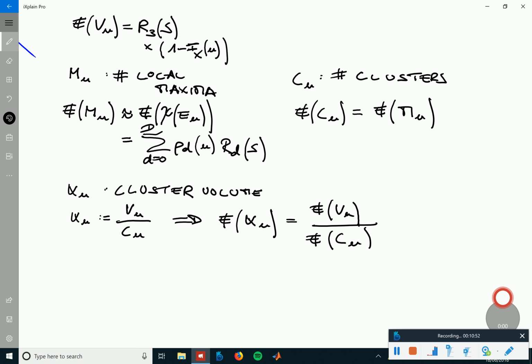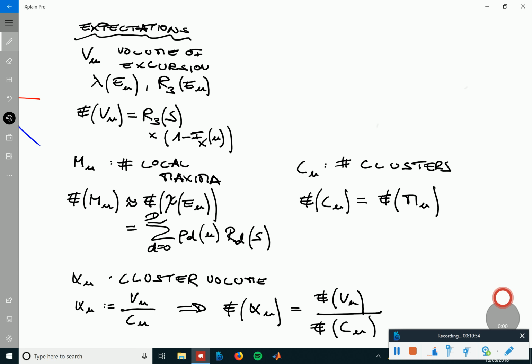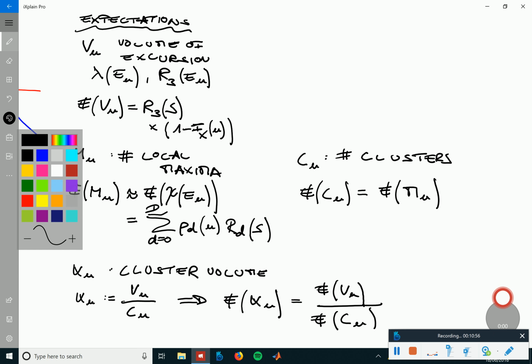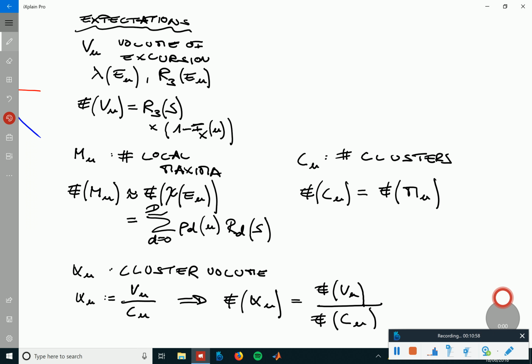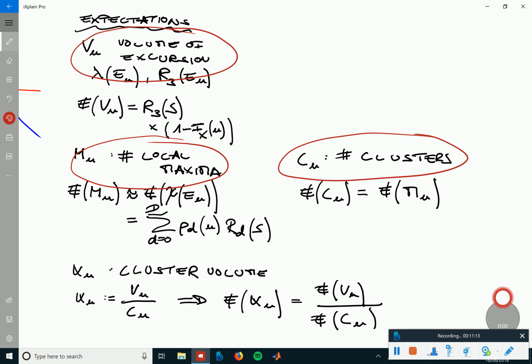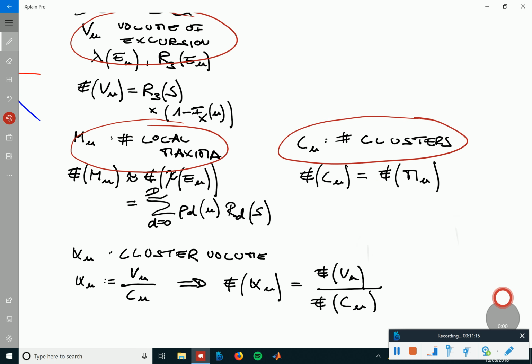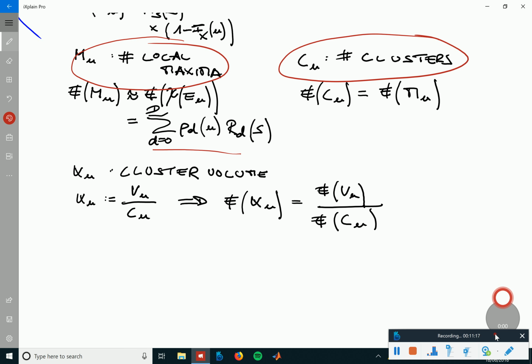So this is basically what we've seen so far, and we didn't do this just for fun. Of course we do the whole thing just for fun, but we need these things. The VU, the volume of the excursion set, the number of local maxima, but actually more the number of clusters, CU, and the cluster volume, we will need that a lot today.